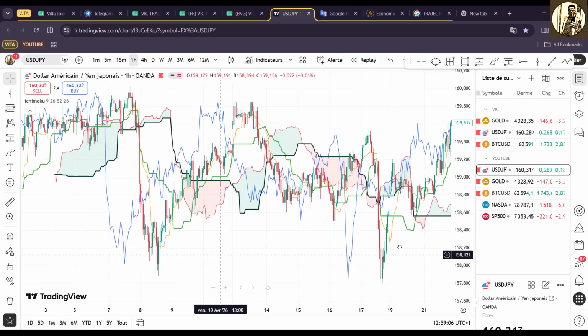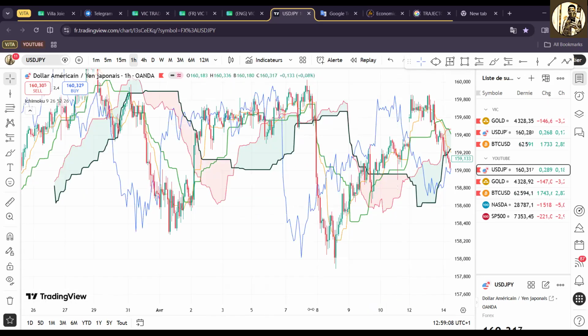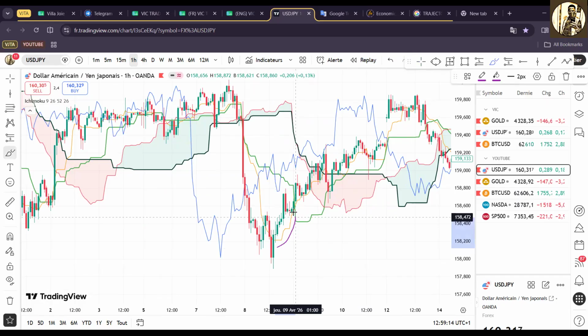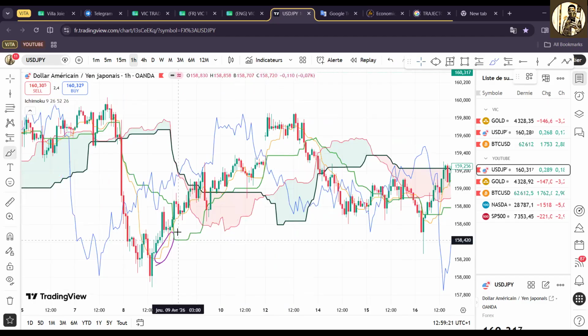Look for example. Sometimes, right, when you see Tenkan inverted here, and this Tenkan inverted is not touched, it means that there is a lot of power for the price to go to the upside. So we are in H1. Tenkan inverted H1 is not touched by the price.